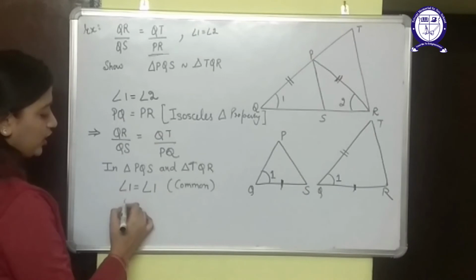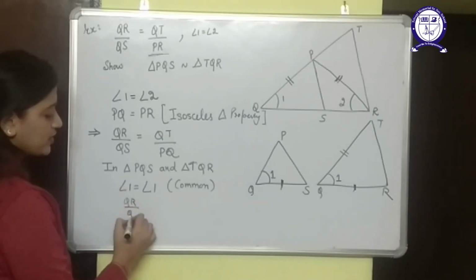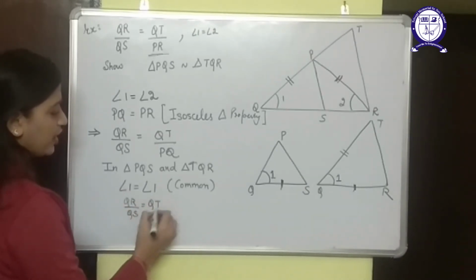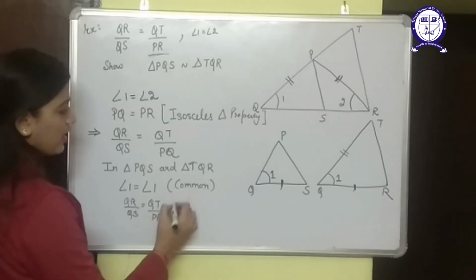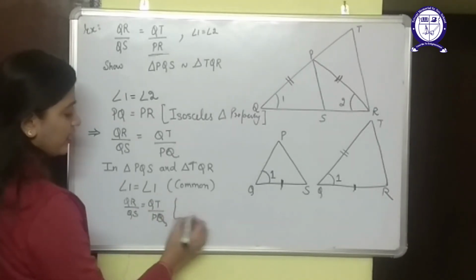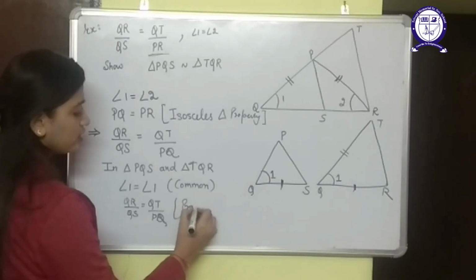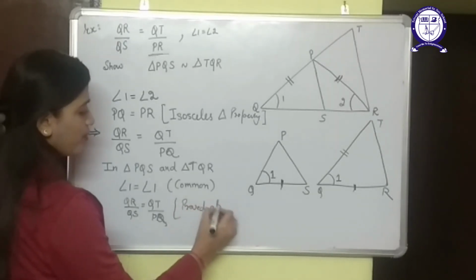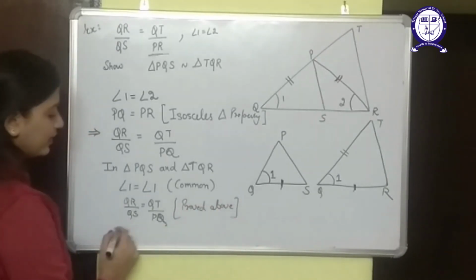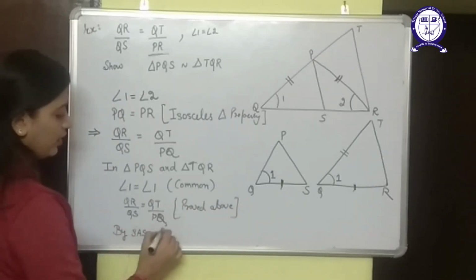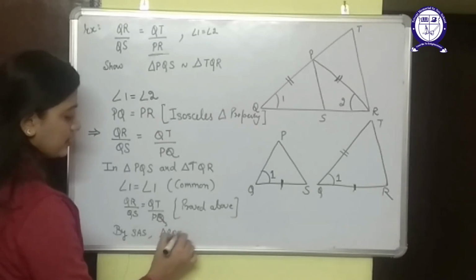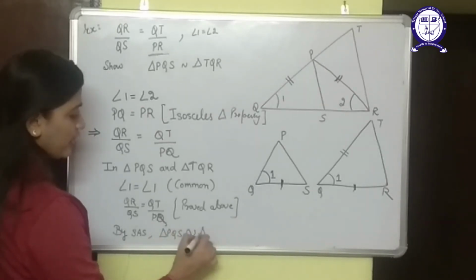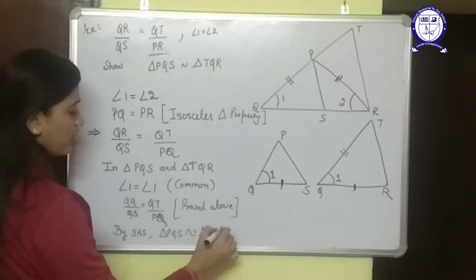Secondly, this property QR upon QS is equal to QT upon PQ, and we can write proved above. So by side angle side, triangle PQS is similar to triangle TQR.